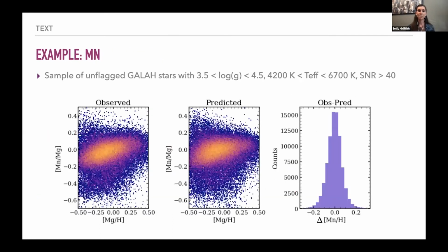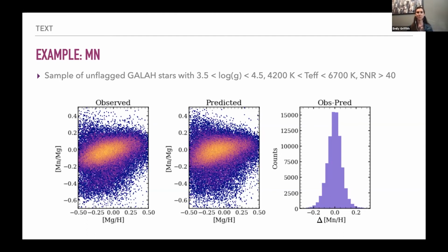So I'll stick with my manganese example and show you some quick plots for this. This is for a sample of unflagged GALAH stars with log g between 3.5 and 4.5. The distribution on the left is the observed manganese on magnesium abundances, and in the middle is what we predict. You can see that overall, they look very, very similar.